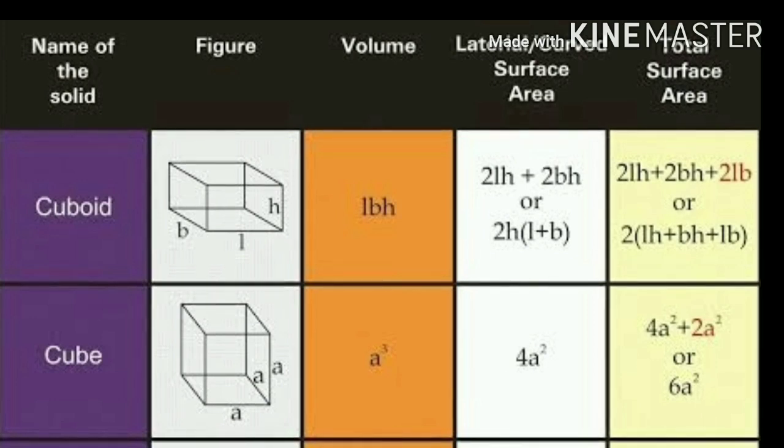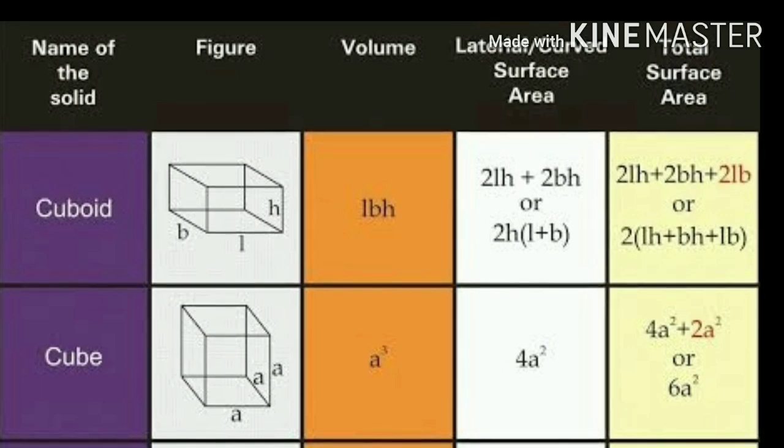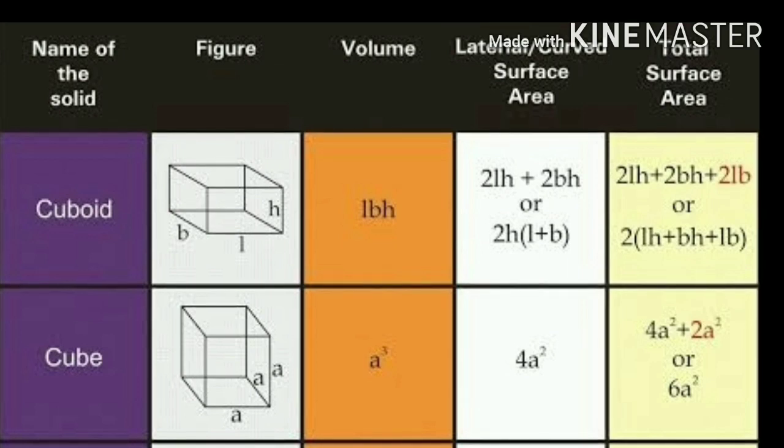The lateral surface area of a cuboid is given by the formula 2H into (L plus B), and the total surface area is given as 2 times (LB plus BH plus HL), that is length into breadth plus breadth into height plus height into length.